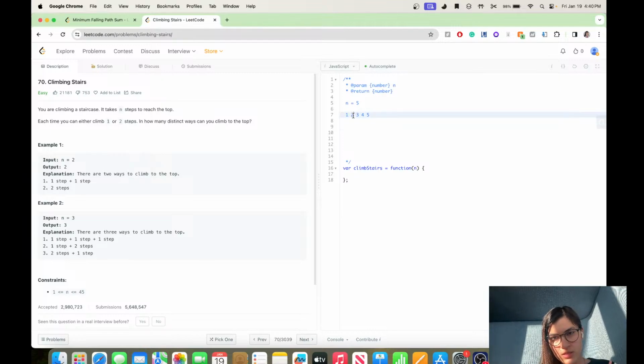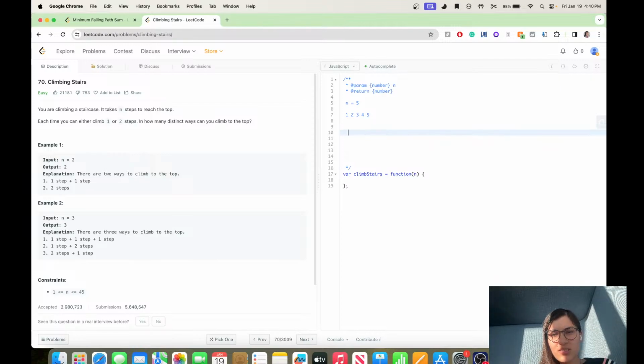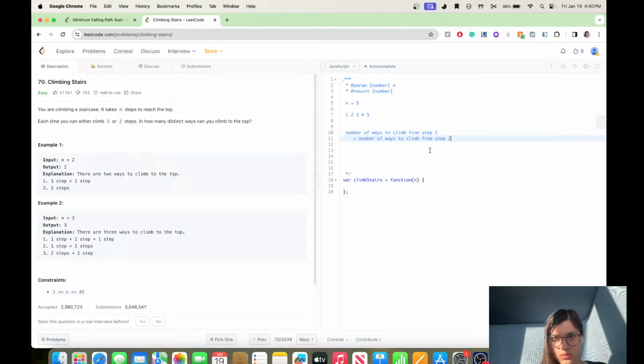If I go from here, then it will be, isn't it like, number of ways to climb from step 1 is equal to number of ways to climb from step 2 plus number of ways to climb from step 3, right?